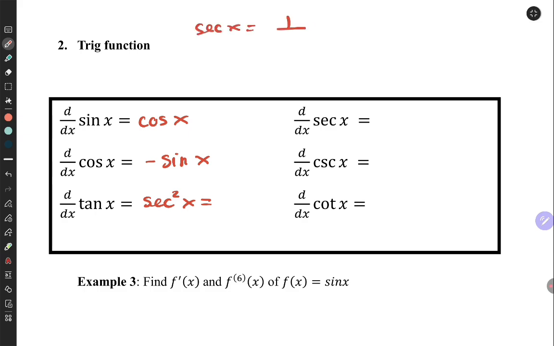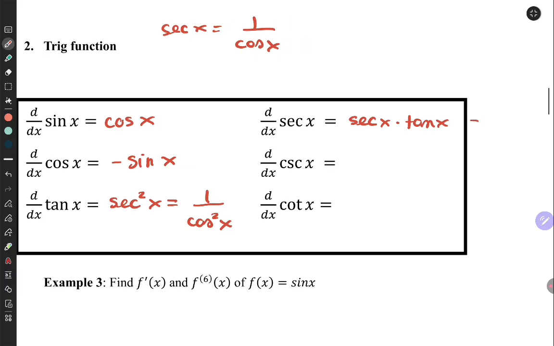Secant is 1 over cosine, that is another way of writing it, so it is 1 over cosine squared. Derivative of secant, that means the derivative of 1 over cosine, is secant times tangent, or tangent over cosine.